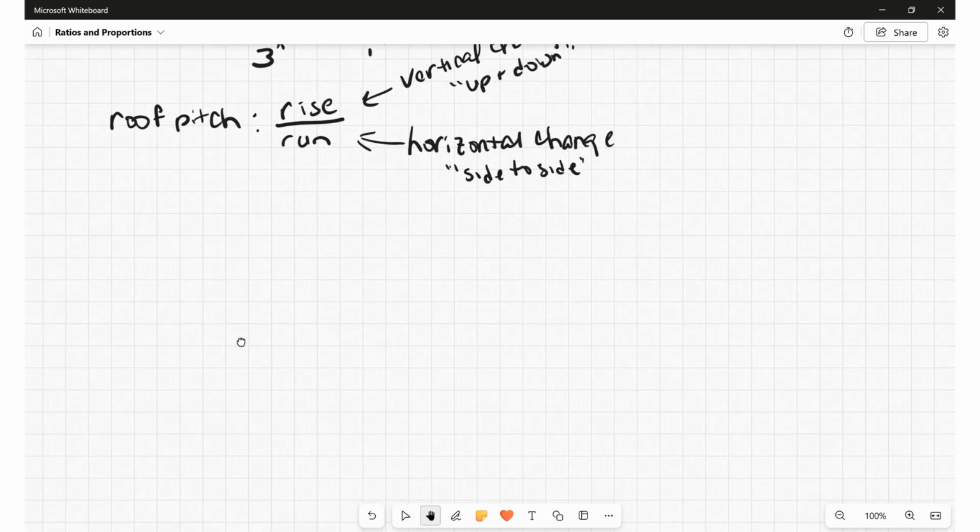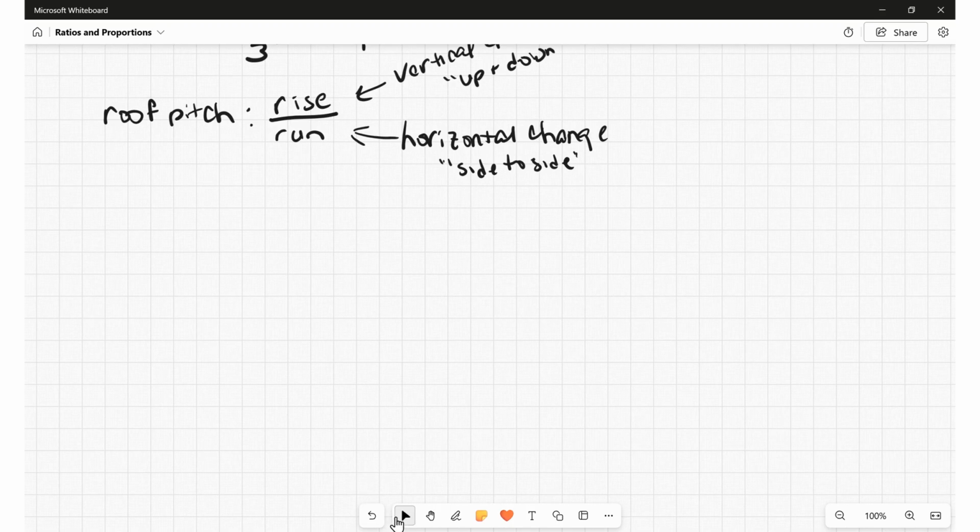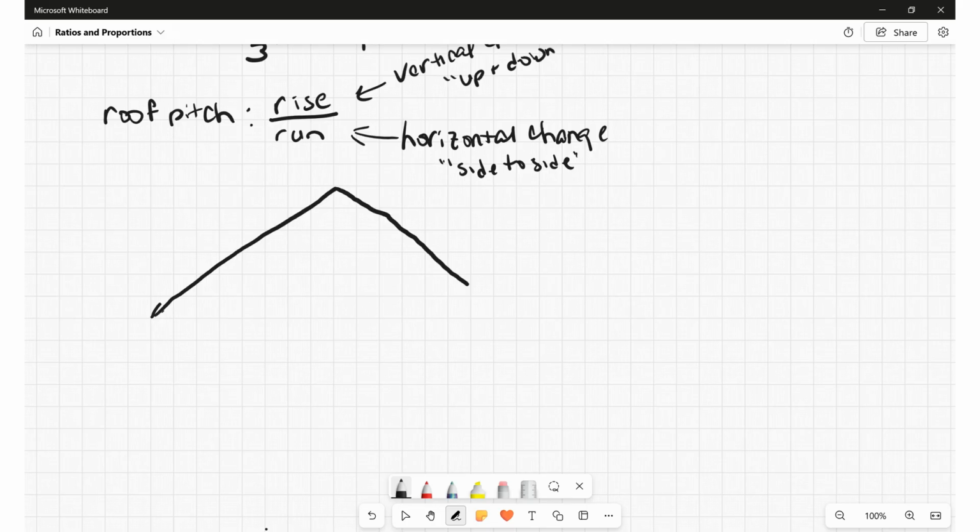So when we're thinking about roof pitch, let me draw us out a little picture here. So we have say like the roof on our house here. And we're going to make our roof look like this. And you all will learn very quickly that I am not the best artist, but what I do does get the job done.